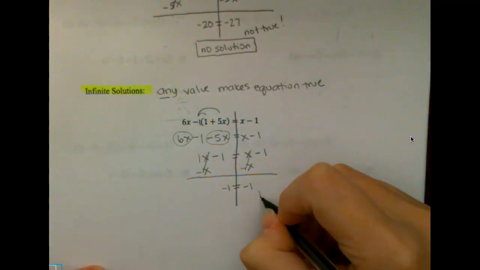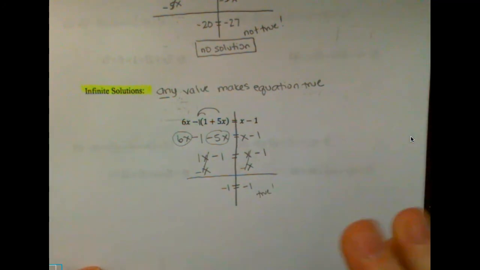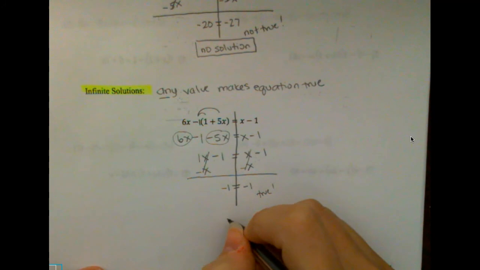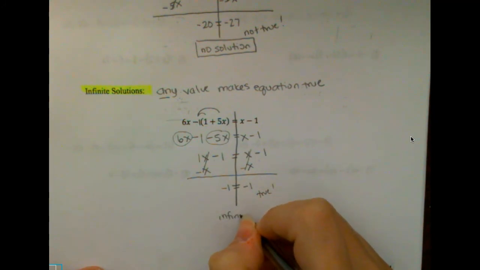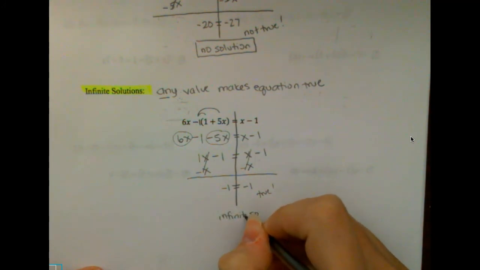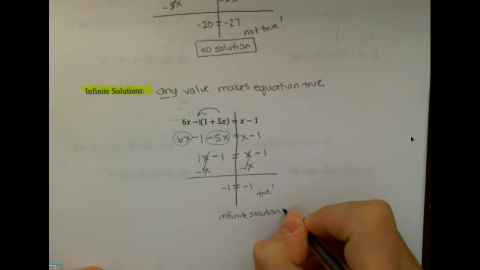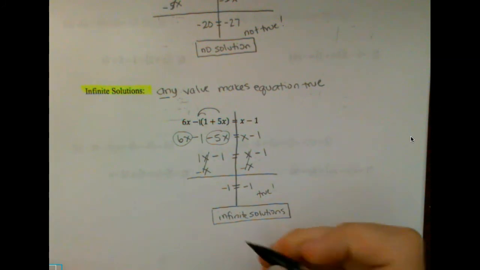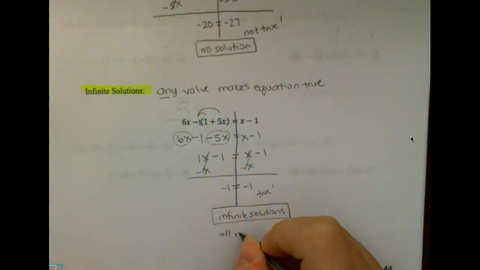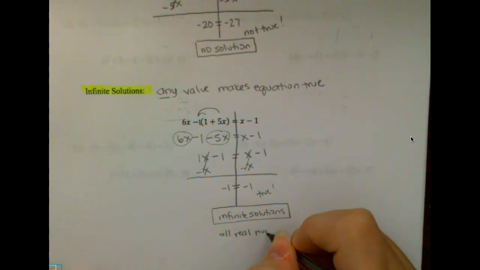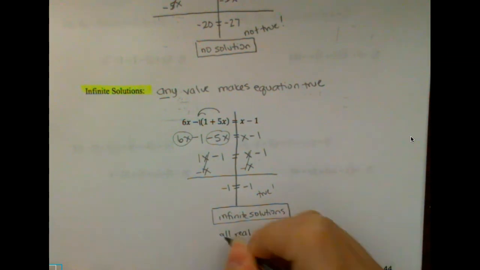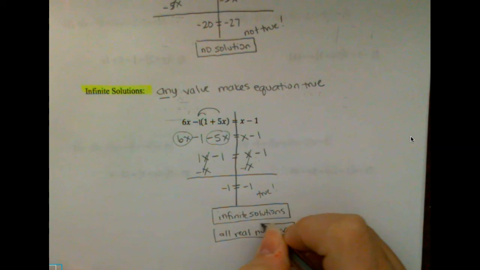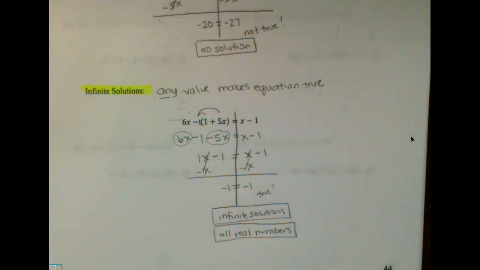So this is a true equation, and this would yield us infinite solutions. We can also say to this problem, and you're going to see this pop up, you can also say all real numbers. In fact, that's probably a better way to write your answers, all real numbers. Any real number you could plug in for x will work here.